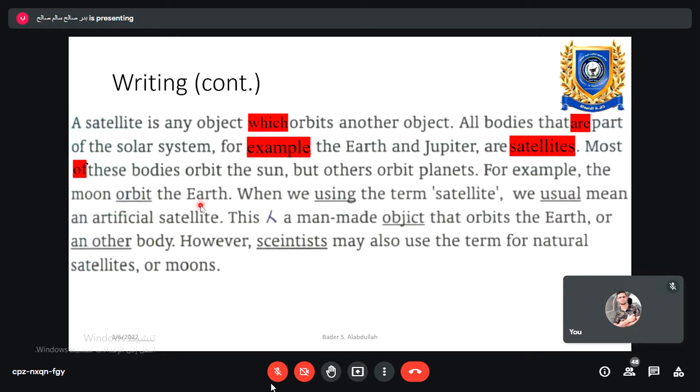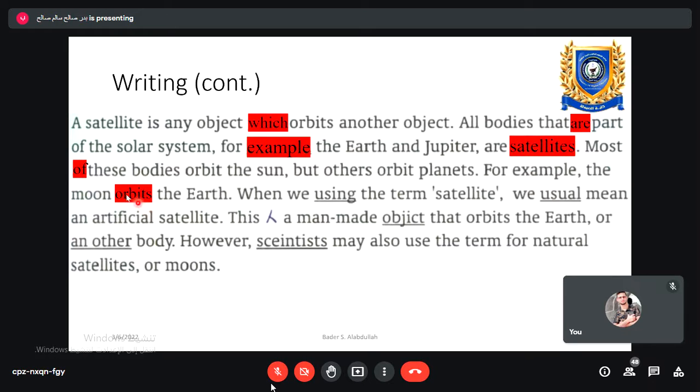There's a missing S, the third person S. The moon orbits the earth. So this is what's called verb noun or verb subject agreement.